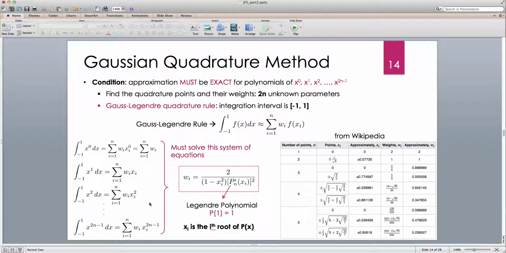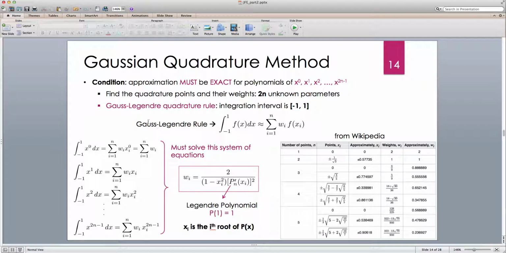But the problem here is that these are nonlinear equations, because the variables are w and x. So it's not easy to solve, but luckily it's actually possible to solve it and get closed-form relations for the w and x.